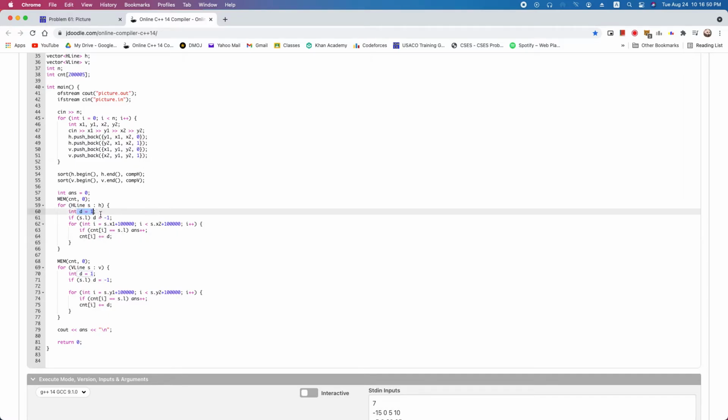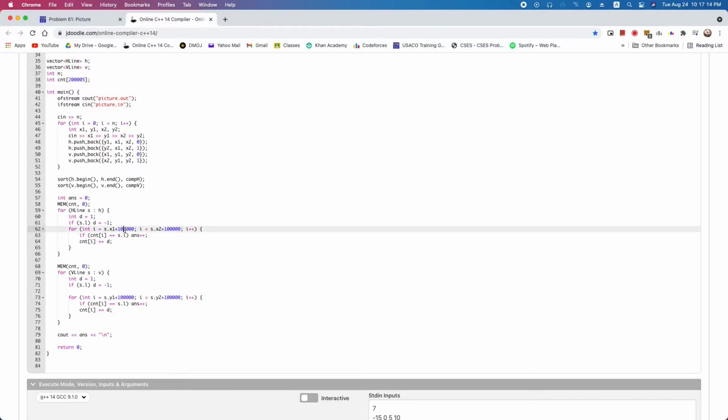So this is why I have to set 1 and -1. If the current L for this line is equal to 1, then we should set this to -1. So later on we can decrease by 1 every time, basically meaning that there's one closing bracket for this line. And then here, since there are negative numbers, I have to increase the coordinates by 100,000, because that is the limit for the coordinates. So then here, instead of using 100,000, we should use 200,000.